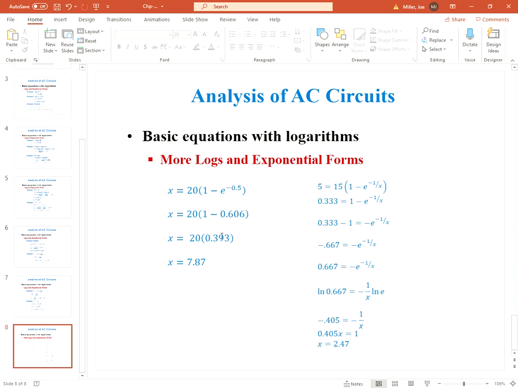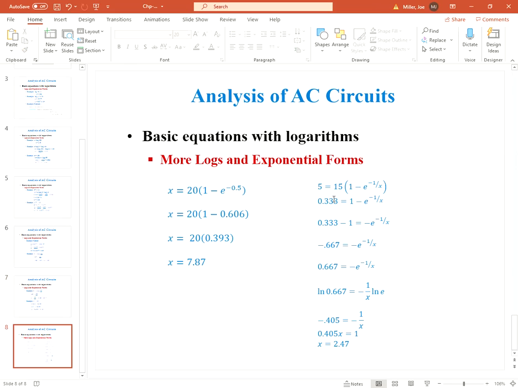Do the simple subtraction, and you got 20 times 0.393. Multiply that out, x equals 7.87.